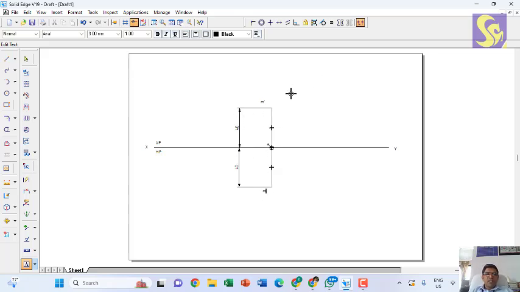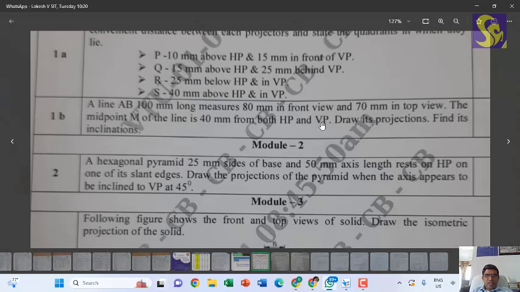Now I have been given the true length, the front view length and the top view length. We have learned that the length of the front view is obtained by rotating the true length from the top view and directly projecting it. Similarly, the length of the top view is obtained by rotating the true length in the front view, making it parallel to XY and dropping it down to the top.